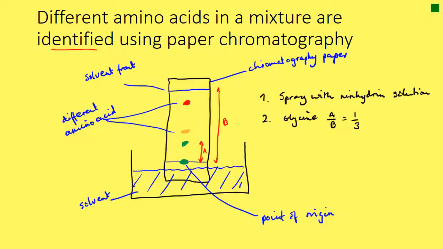and eventually the solvent will rise up the paper, and it will become the solvent front after a particular amount of time. So this would be your solvent front. We've got our actual solvent.